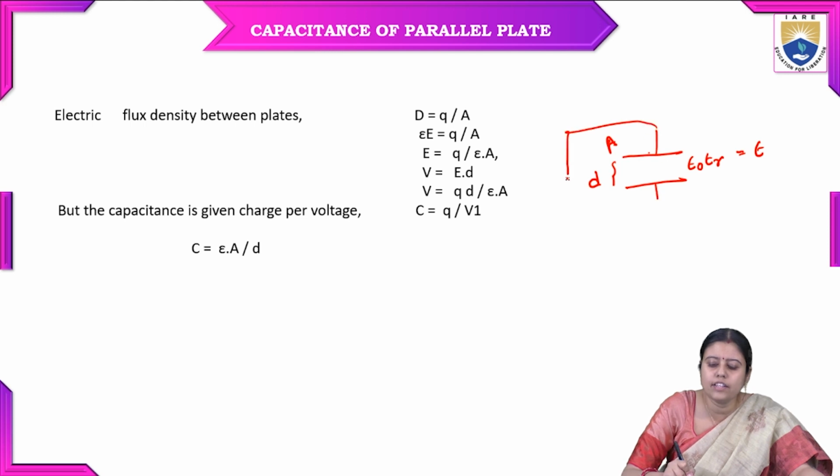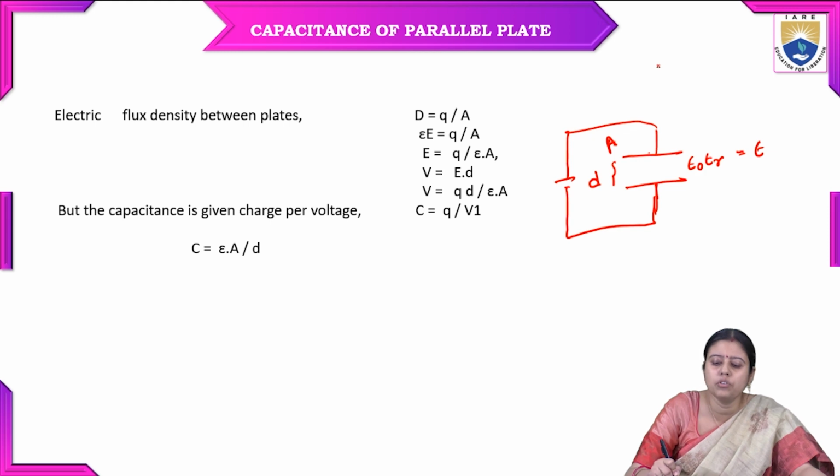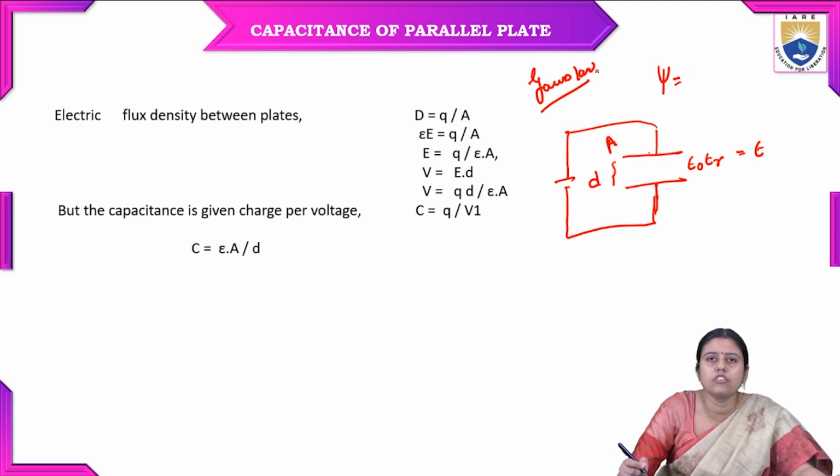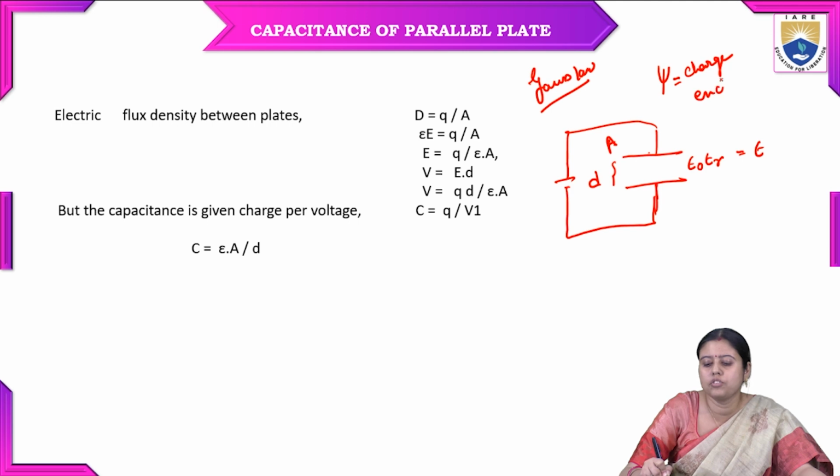We have connected this with an external voltage source. What will happen when it is connected to the voltage source? There will be some flux, and according to Gauss law, we know the electric flux psi is equal to the charge enclosed.